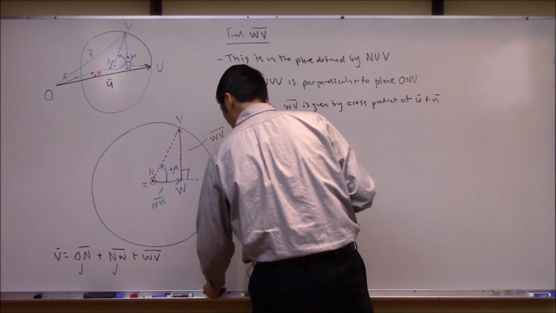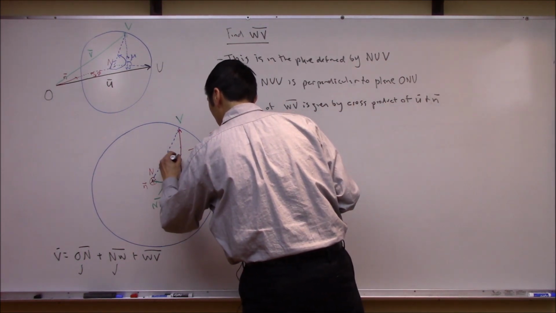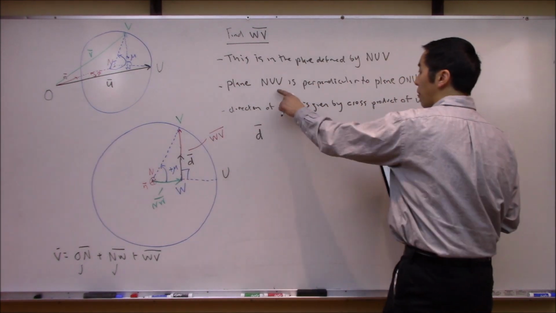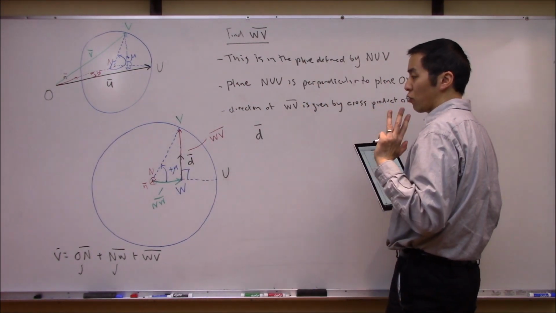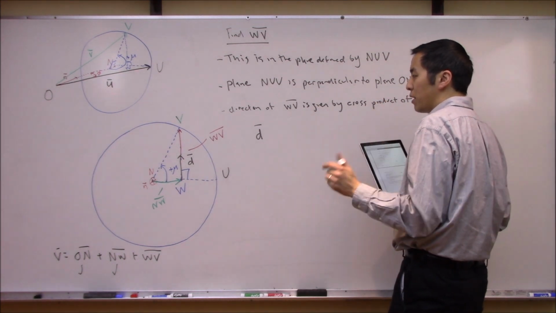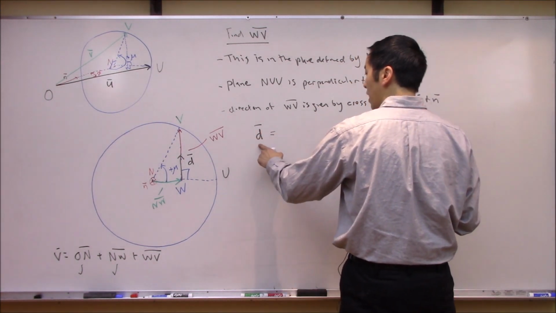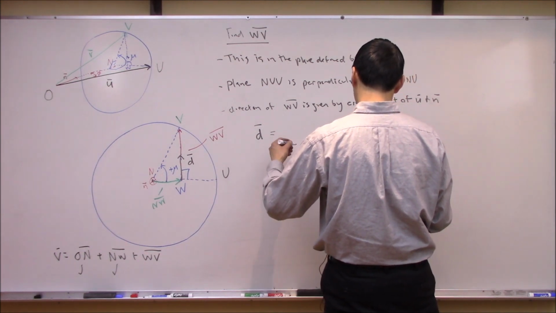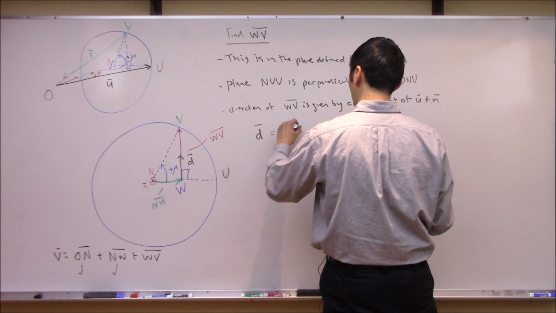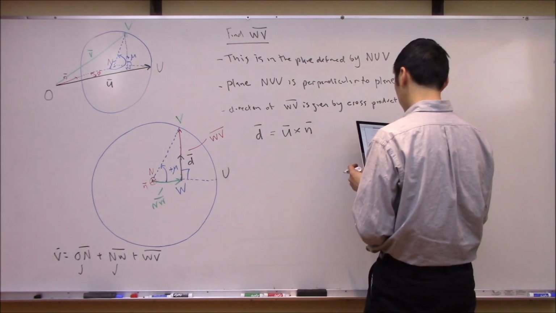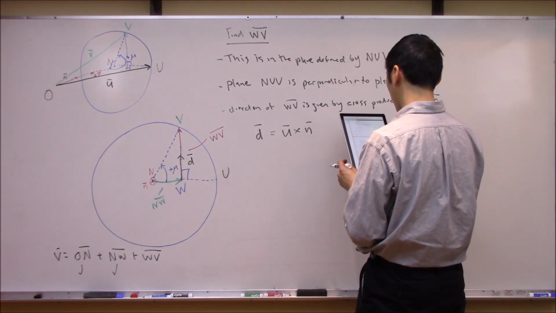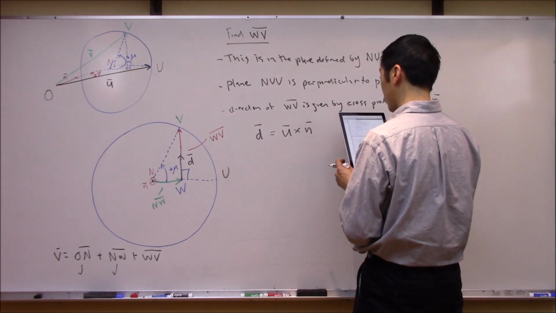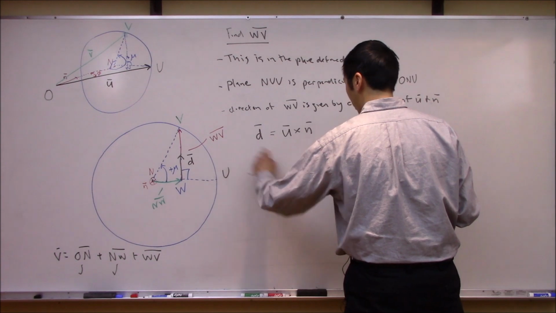So in other words, let's denote this direction maybe as D. Here's the direction D, right? And by using this observation that they are perpendicular planes, this direction is just given by U crossed N. Oh, actually, no, I'm sorry.